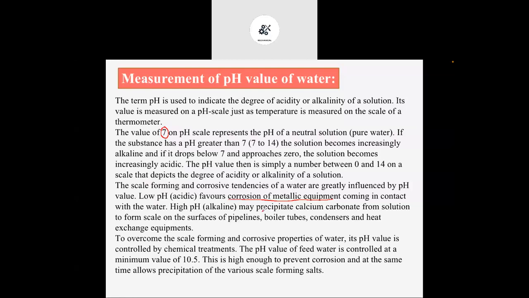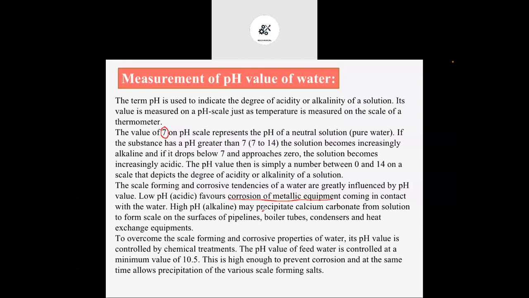And because of this scaling problem, if the calcium carbonate precipitates on the inner surface of the boiler tube or the inner surface of the condenser tube, it will reduce the heat transfer, and that is going to affect the efficiency, or we can say the performance, of that particular instrument or device.